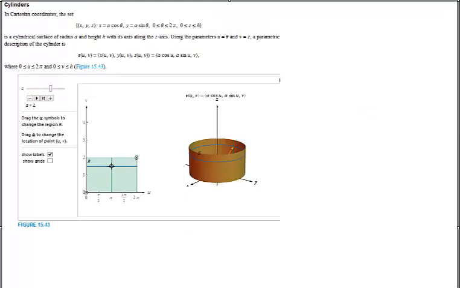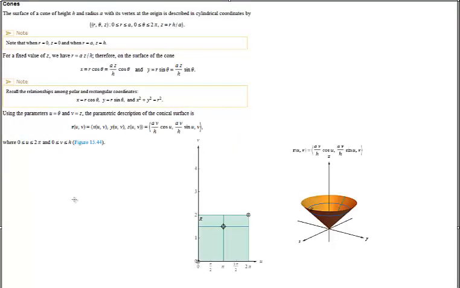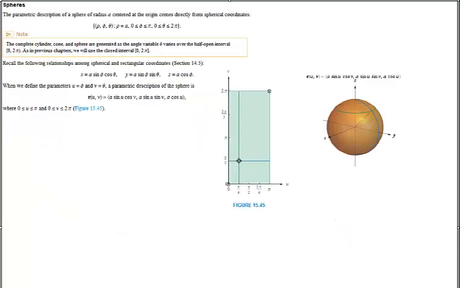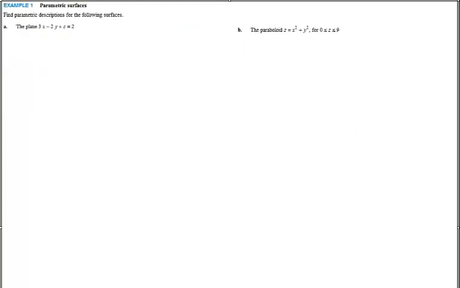First up, sometimes it would be most convenient to write things in terms of cylindrical coordinates. Notice here the conical coordinates. We could write our parameters in terms of cones. Spherical coordinates, we can write our parameters in terms of spherical coordinates.